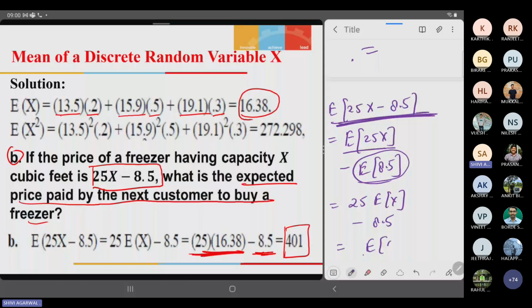Expected value of any constant is equal to the same constant. 16.38, which we have already calculated, expected value of x in the A part.